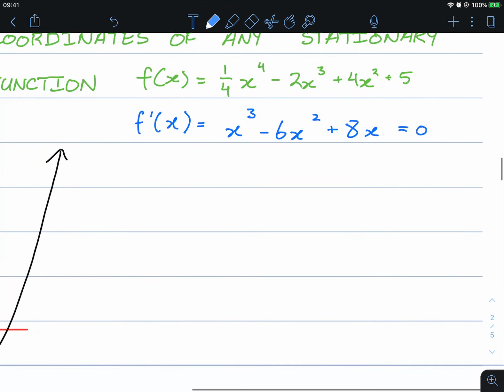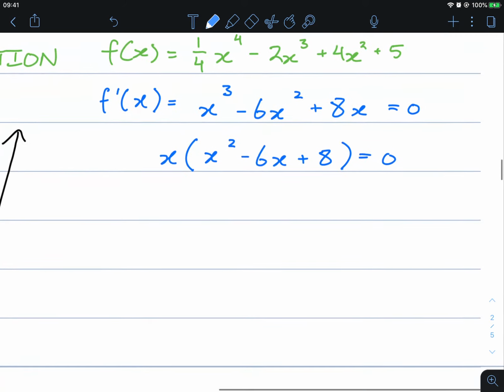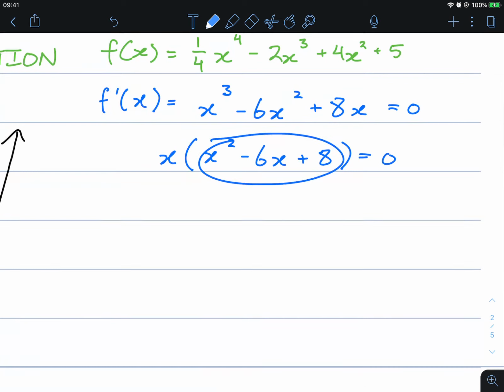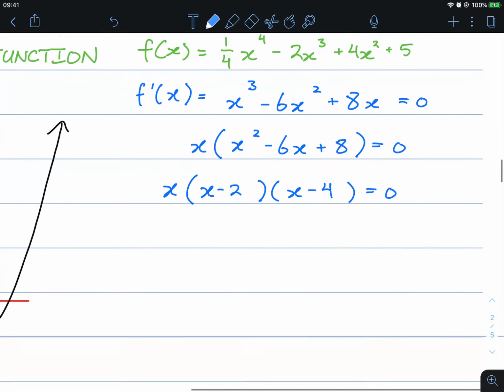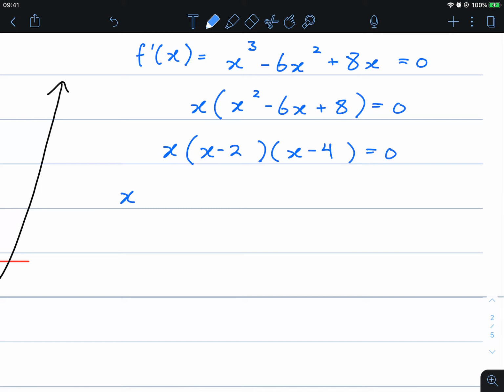So solving for x here, let's factor out x. Factoring this further, we get x brackets -2 and -4, which gives us the three solutions: x equals 0, x equals 2, and x equals 4.